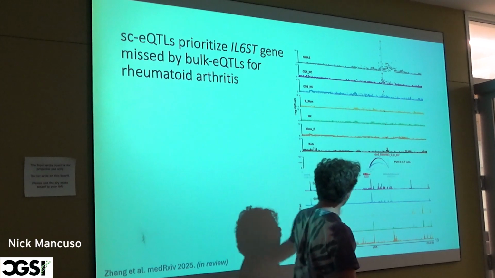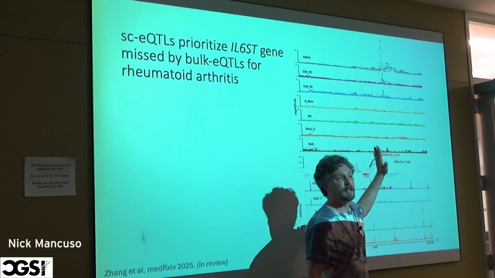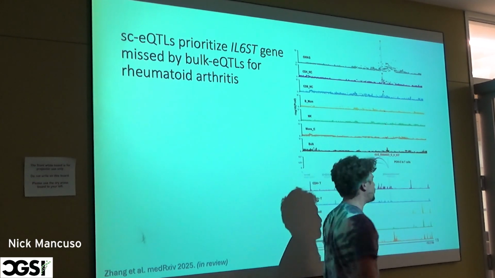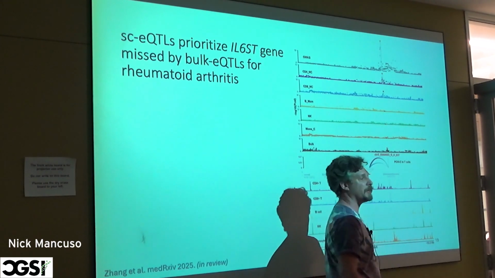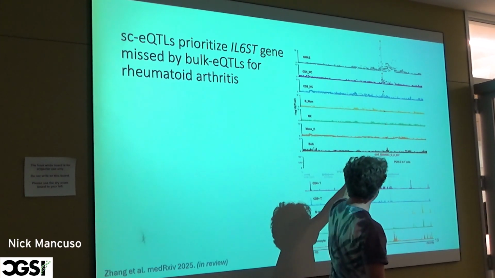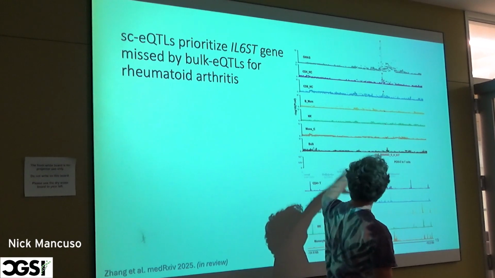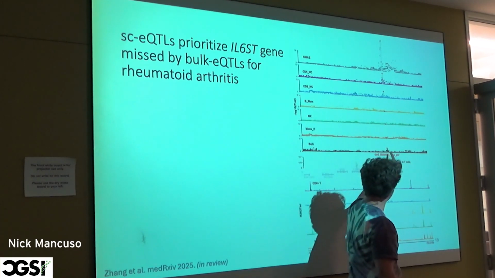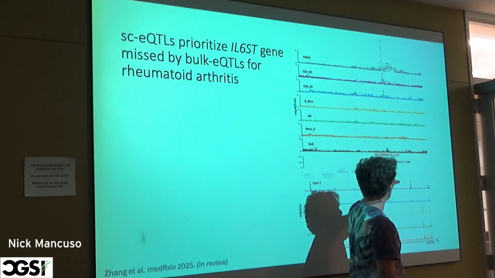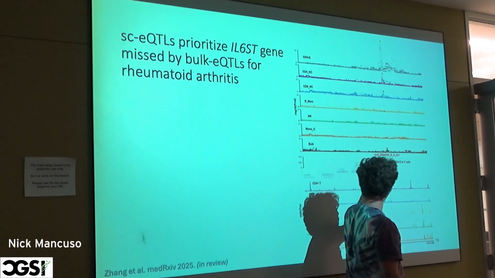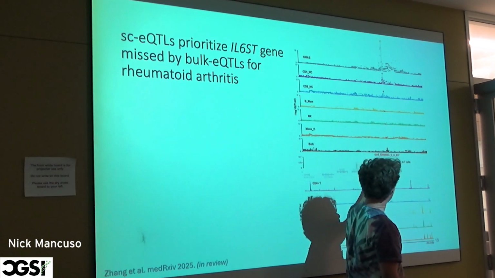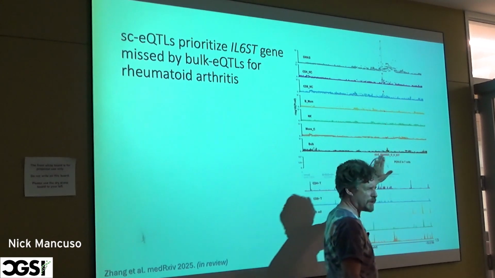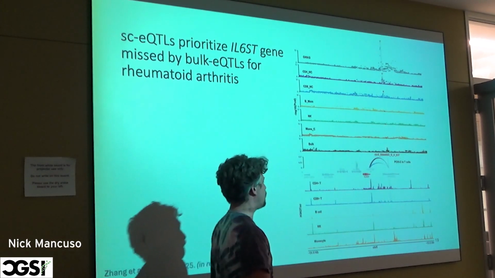While it's great that they align, it's not clear how this is mechanistically related. So we also integrated promoter capture Hi-C that matches these corresponding cell types, and we see there's contact between the promoter of IL-6ST and this risk variant in both cell types.